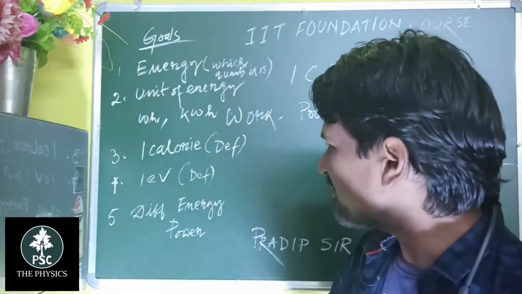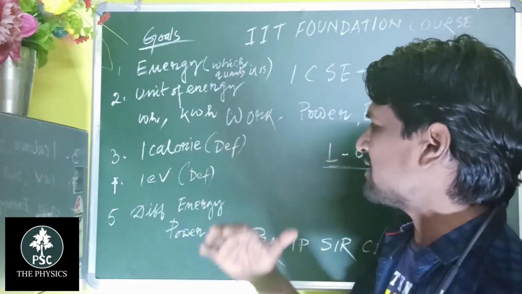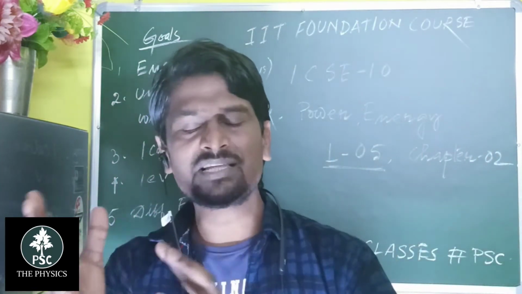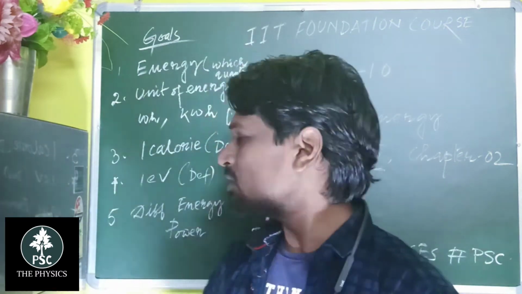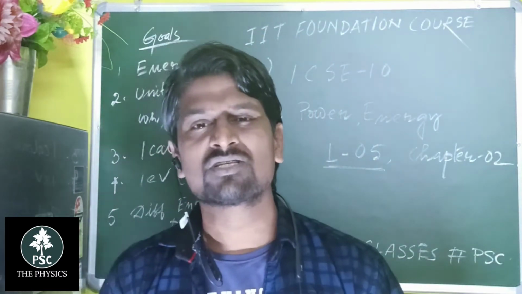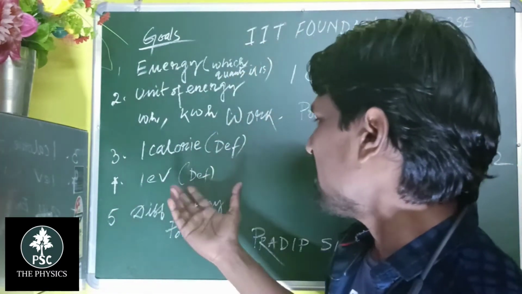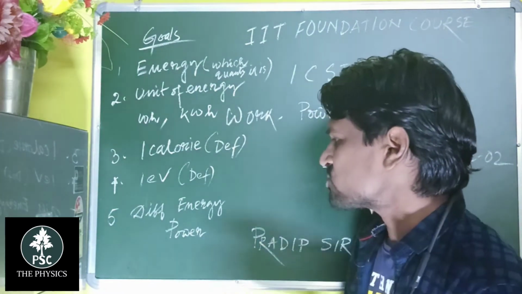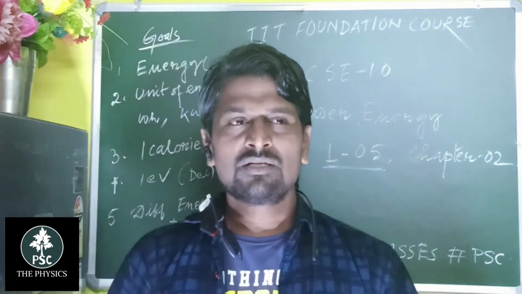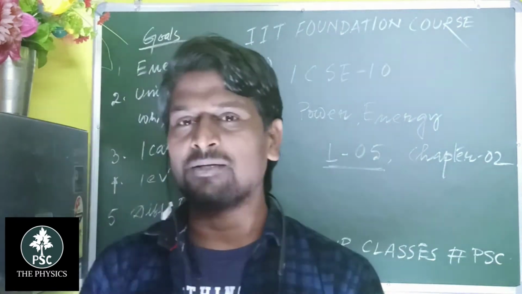What is the unit of heat energy, that is calorie, and what is the relationship between the calorie and joule, and then electron volt, that is the energy possessed by an atomic particle. And the last of all, students, what is the difference between energy and power. So let's start with what is energy.